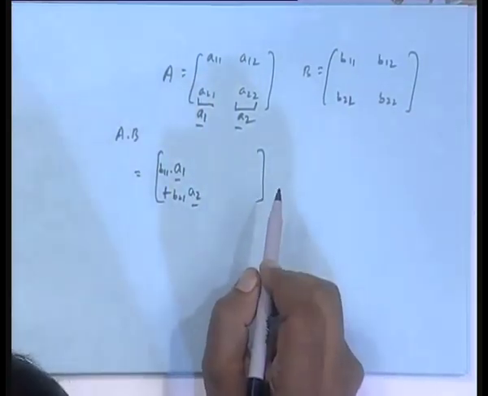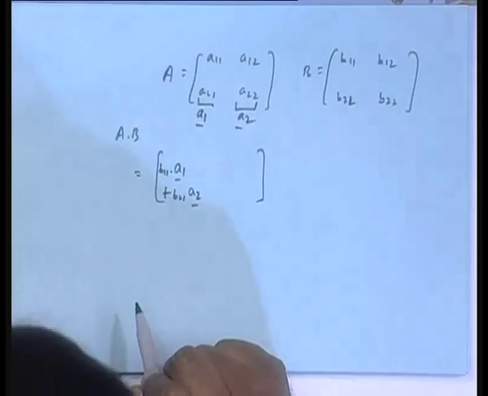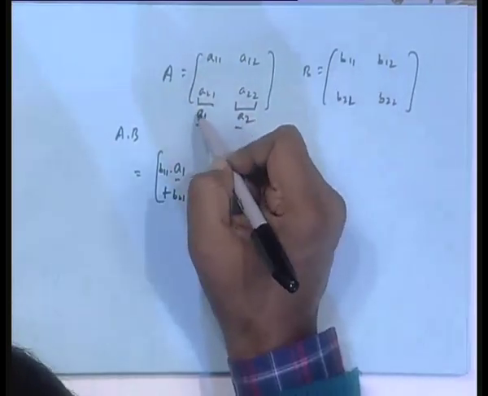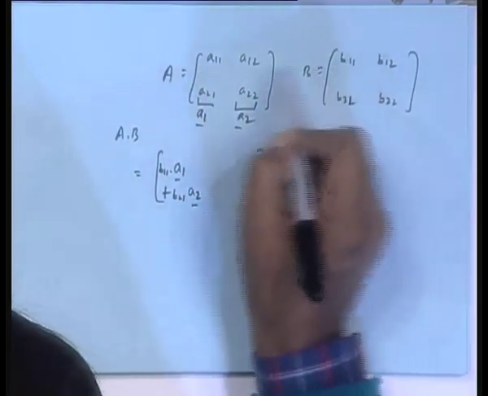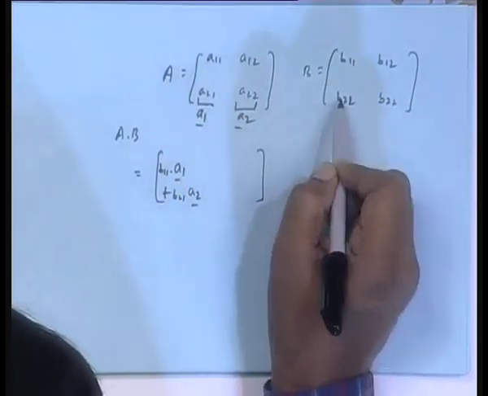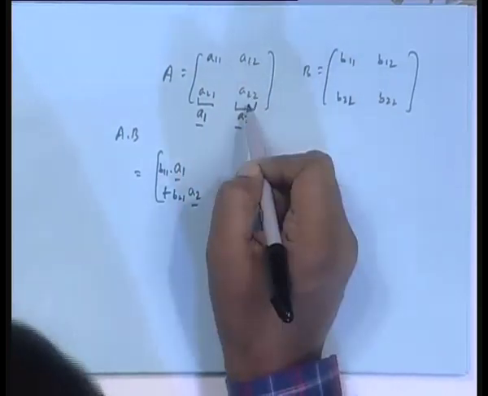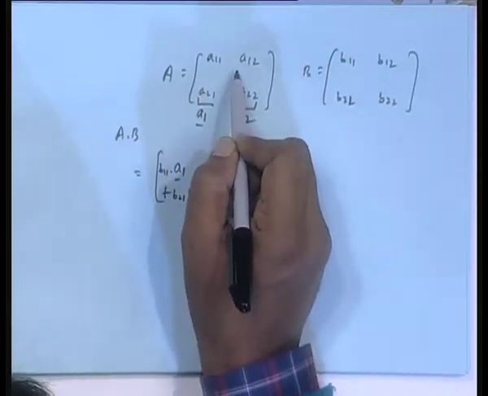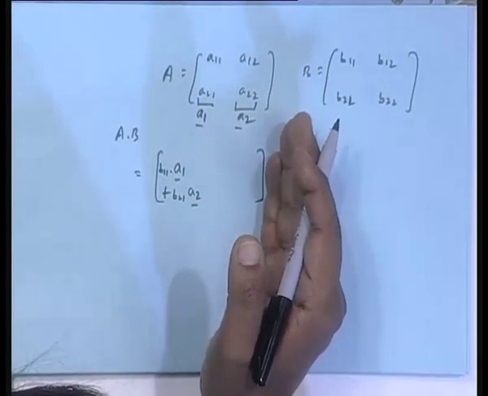If you take B11 times this column and B21 times that column, and add, do you get back the same quantity?